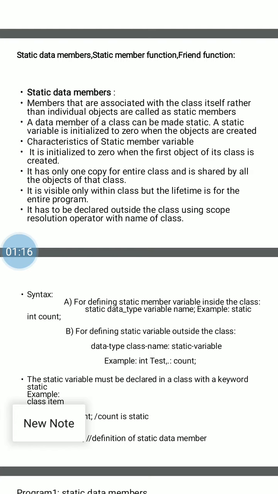Here we create 5 objects, and every student has its own roll number, own name, own marks, right? Means normal data members are associated with every object, but static data members are associated with the class, not with every object.